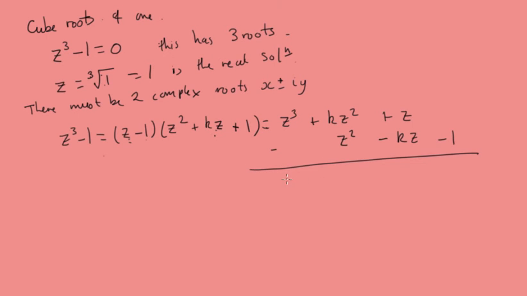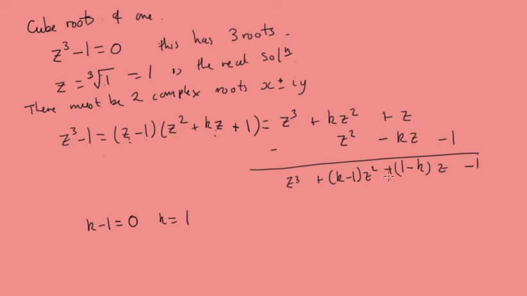So that gives us z cubed plus (k minus 1) z squared plus (1 minus k) z minus 1. So equating coefficients, k minus 1 must equal 0, so k equals 1.